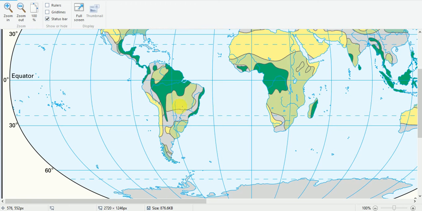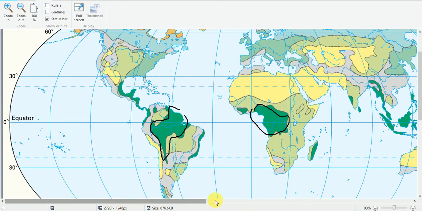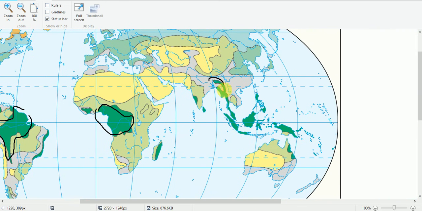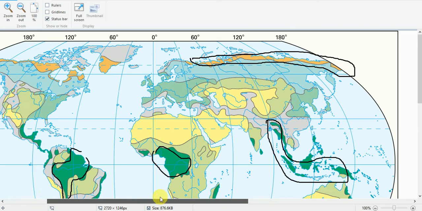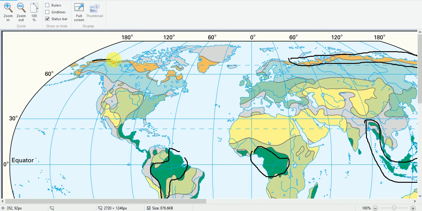Where are tropical rainforests? We find tropical rainforest in this area, in the Brazil area, then in Africa also, and here also. And here we have the tundra region. According to the color code, this is the tundra biome region, and this is also tundra biome region.